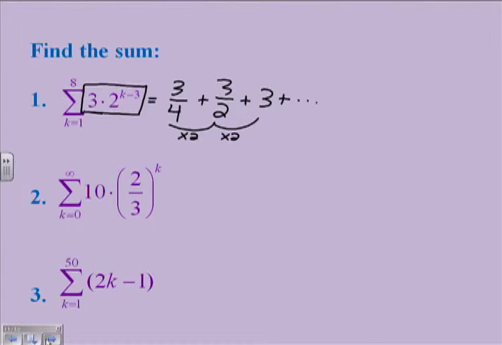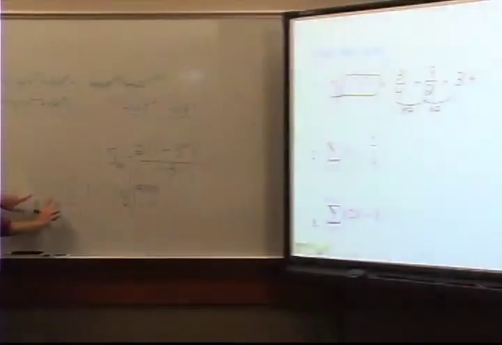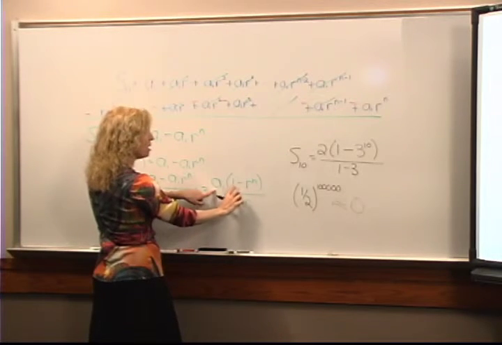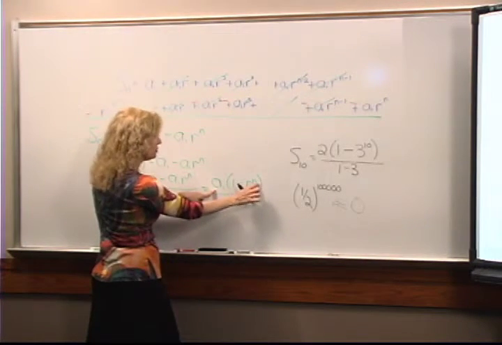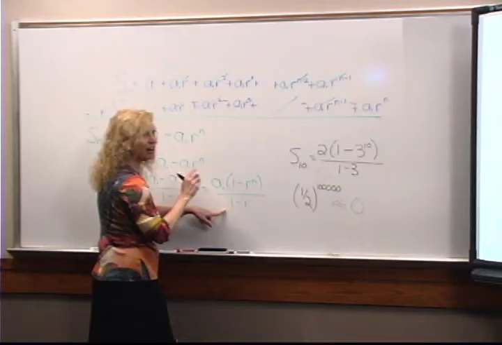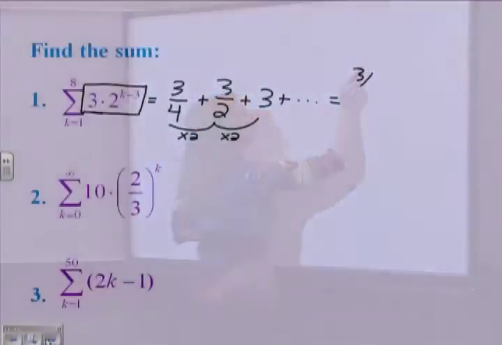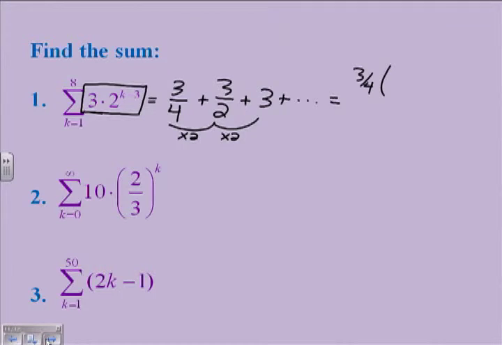Now, this is a finite sum. So to get this finite sum, I have to use the more complicated formula over here. Remember, the a sub 1, parentheses, 1 minus common ratio to the nth. Yeah, I know, it's not fun. First term times 1 minus my common ratio.